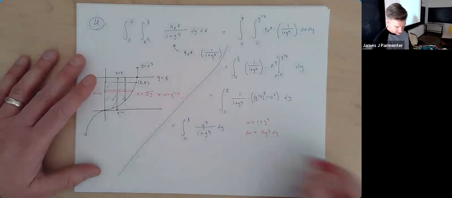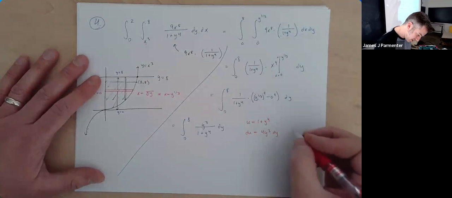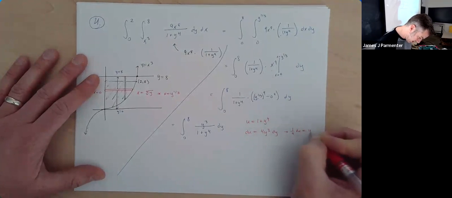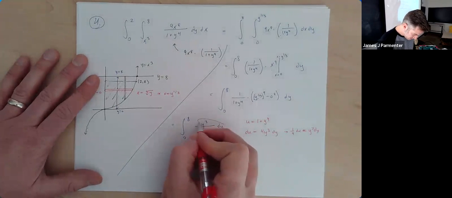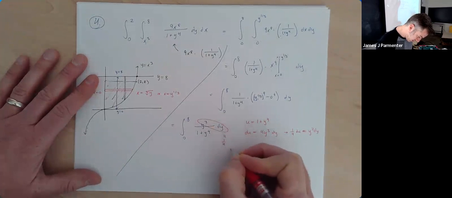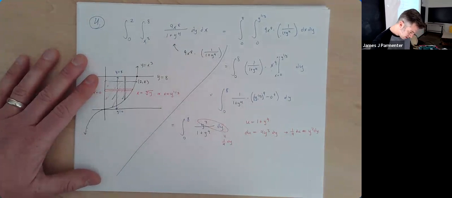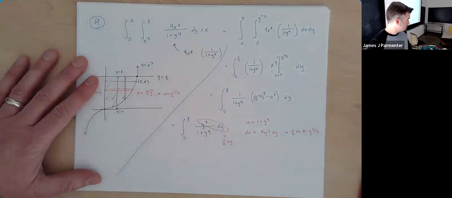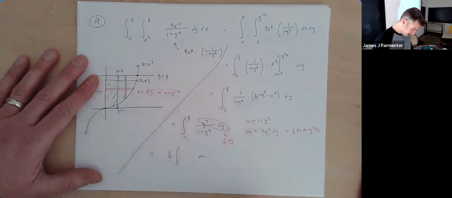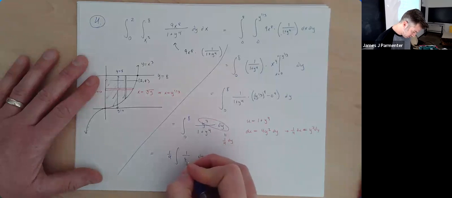I like doing it this way: 1/4 du is equal to y cubed dy. So there's my 1/4 du, and the denominator is just u. So we get the 1/4 in front, du, and then 1 over u.